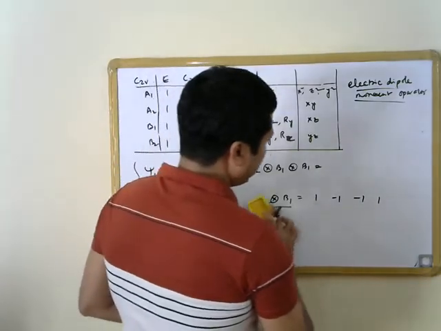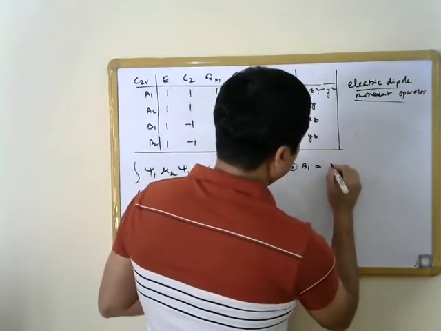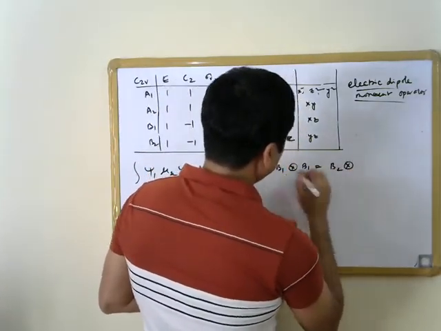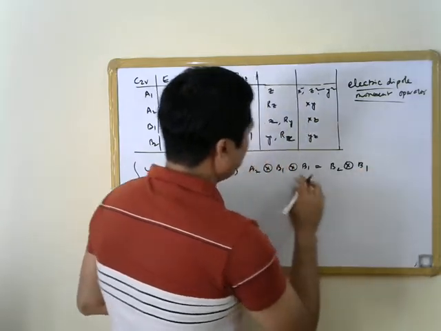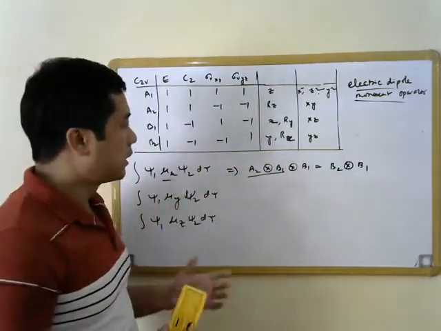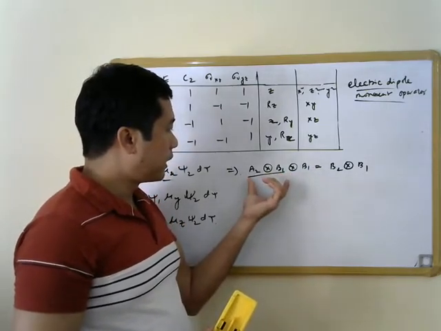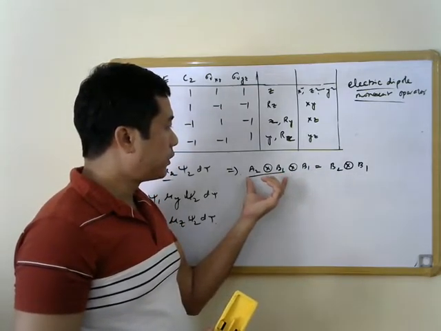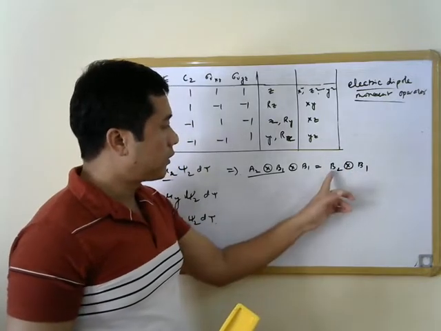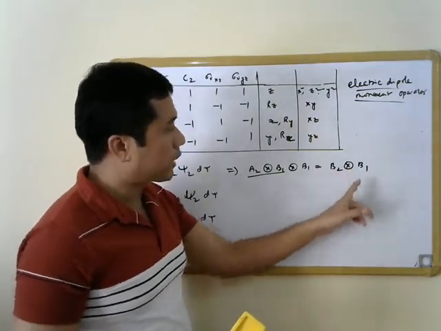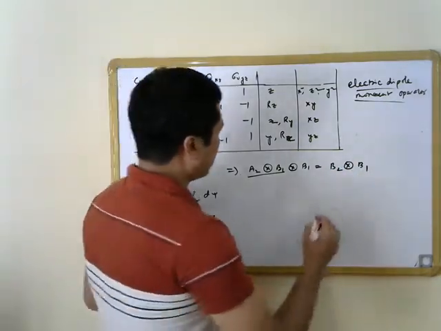So we have B2, now direct product with B1. We have found out this part of the calculation, and now we have to take the result that we obtained from the direct product of A2 with B1, that is B2, and do the direct product now with B1 to find the answer.